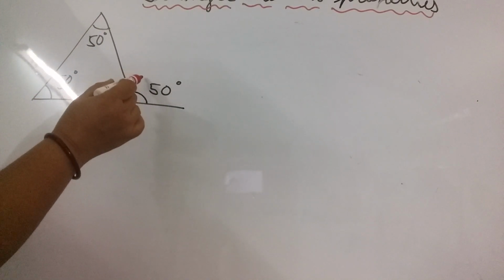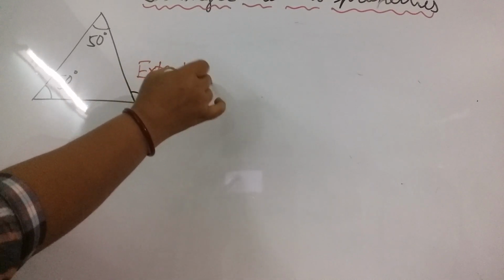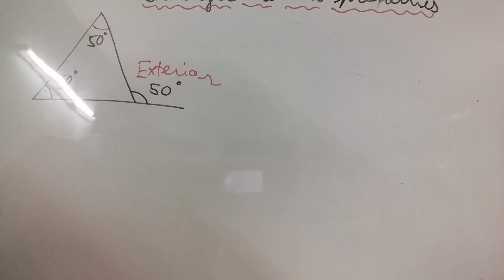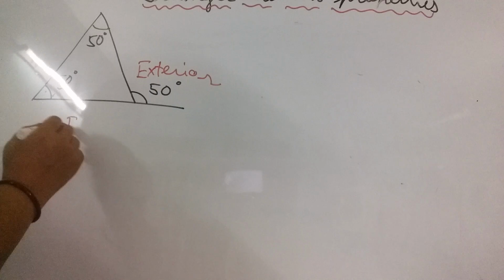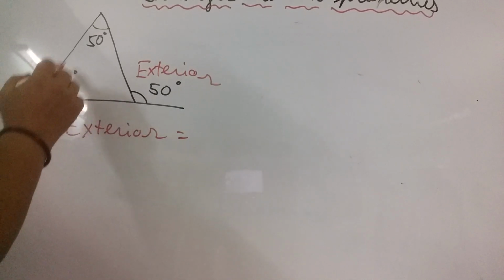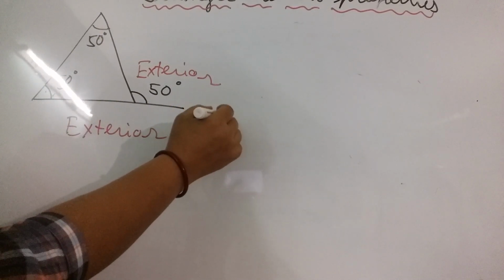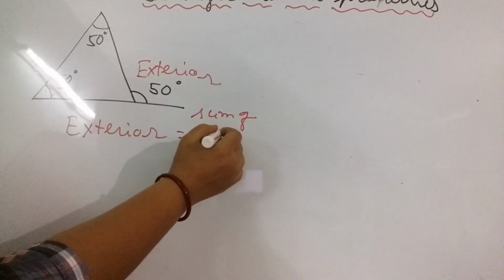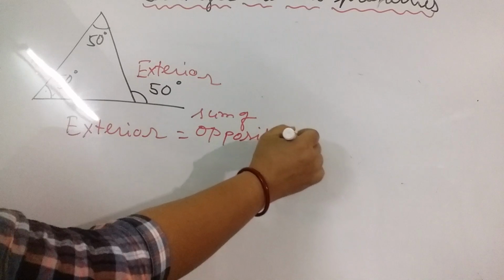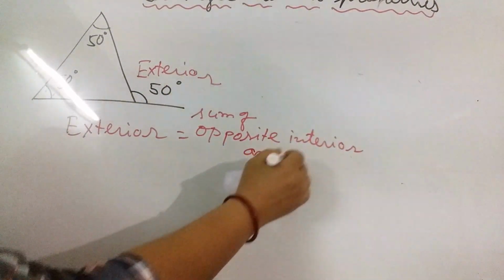Say that this is the exterior angle and these are the opposite interior angles. What does the exterior angle property say? This exterior angle is equal to the sum of the opposite interior angles.